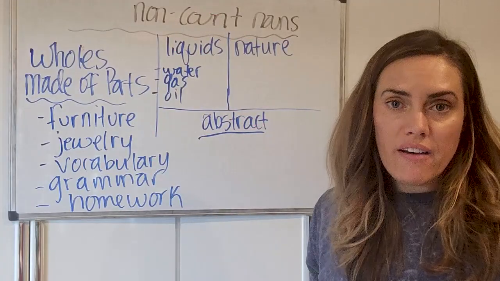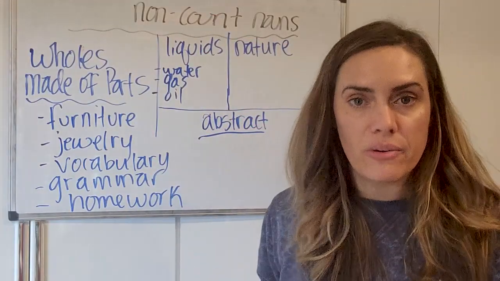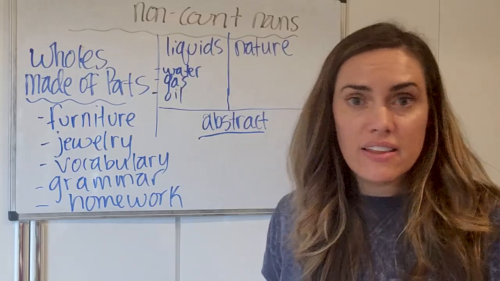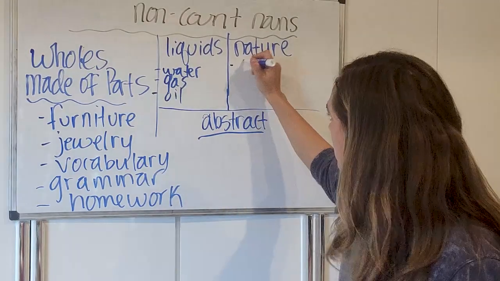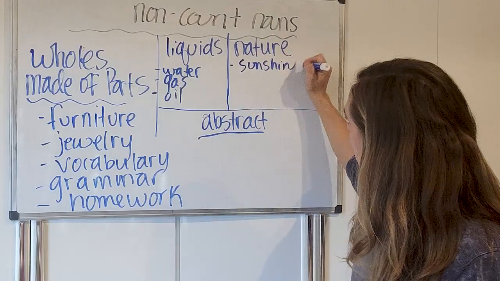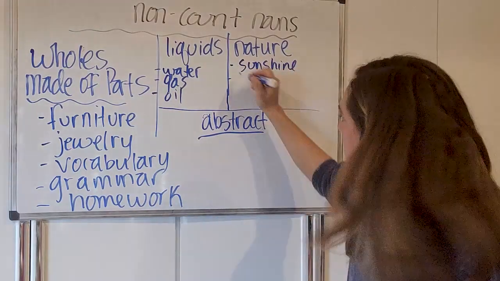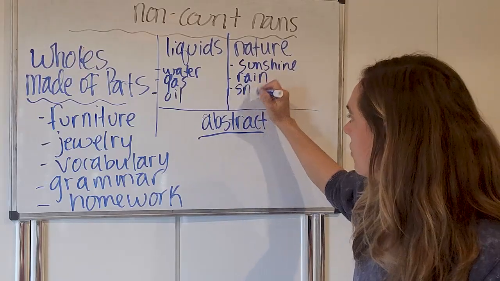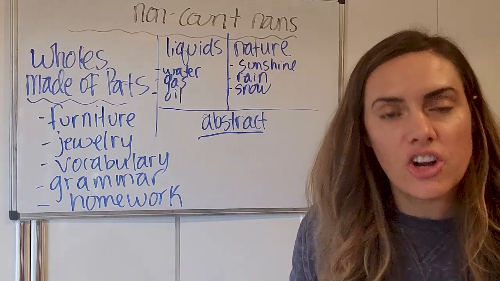In nature, think about all the weather we have. We have sun. Sun is sunshine, right? That's non-count. We have rain, right? We have snow. These things are non-count.